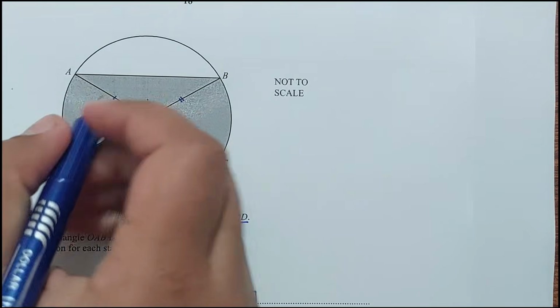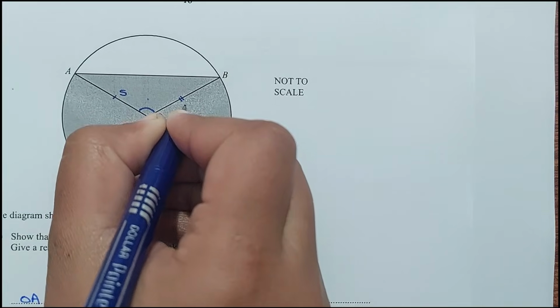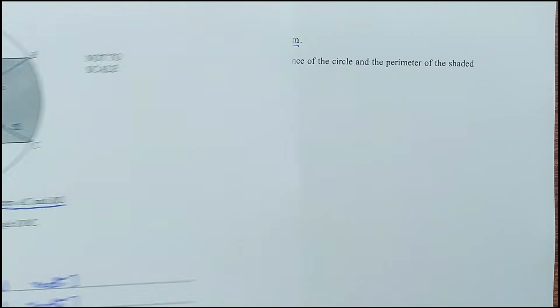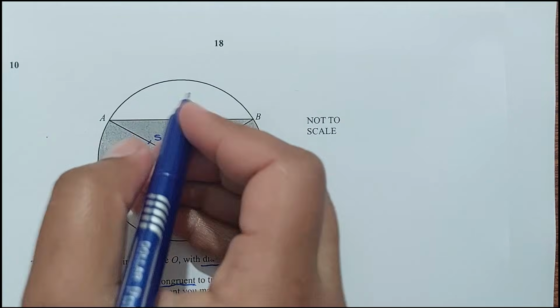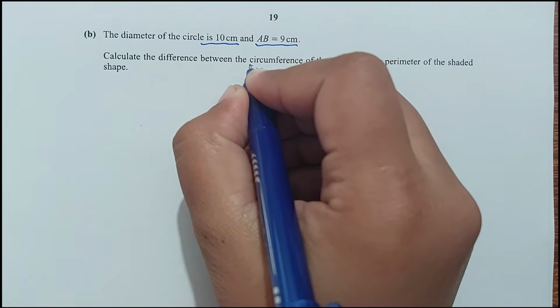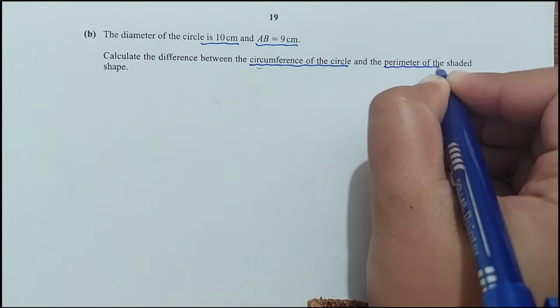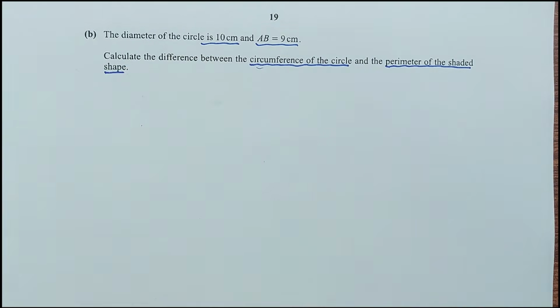So if this is 10, it means each of these is 5, 5, 5, and 5. And the next information, AB is 9. This is 9, right?